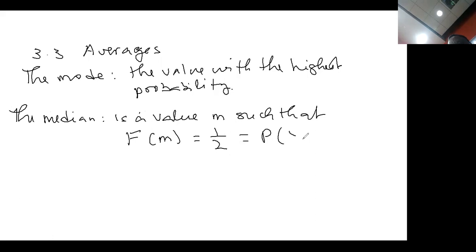That is, the probability that x is less than or equal to m is half. It's at the middle of the distribution. So the cumulative frequency at the median is half. So 50% of the values are below the median, 50% are above the median.